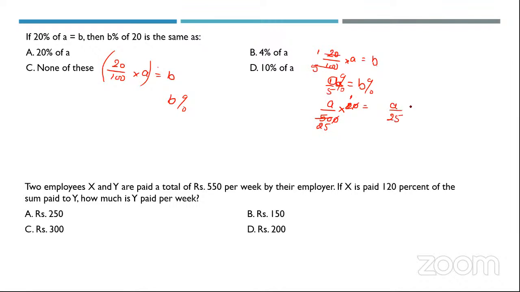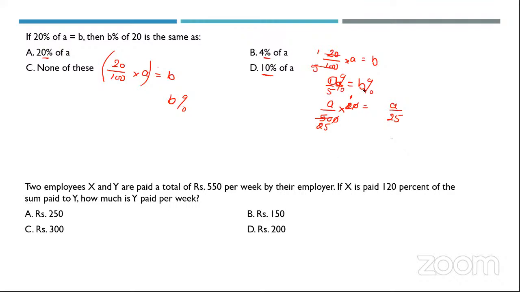If I have to add the percentage sign here, I'll multiply it, right? So when I multiply A percent, if I have to, because the options are given: 20% of A, 4% of A, 10% of A. So what should be your answer? 20% of A? Is it 20% of A?